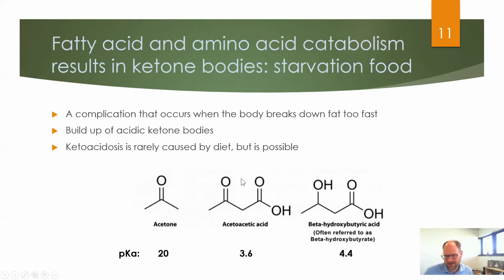So your body uses these as a starvation fuel to feed the brain. These things build up when people are starving, or when they have diets that are severely depleted in carbohydrates.